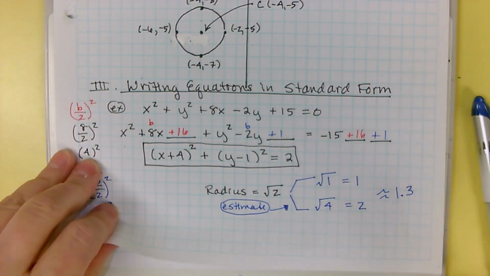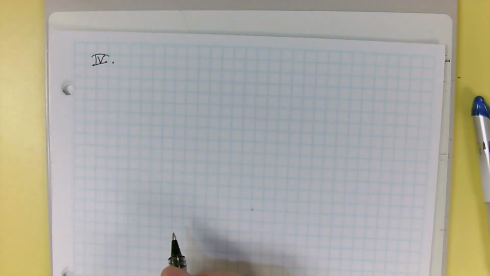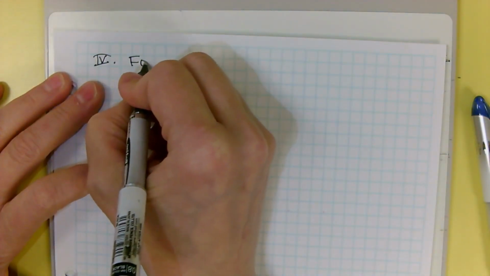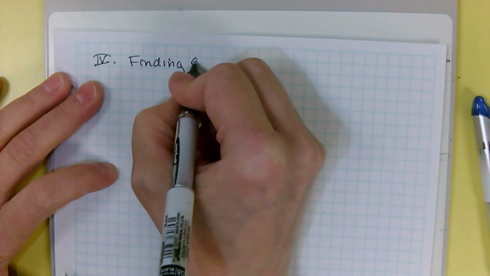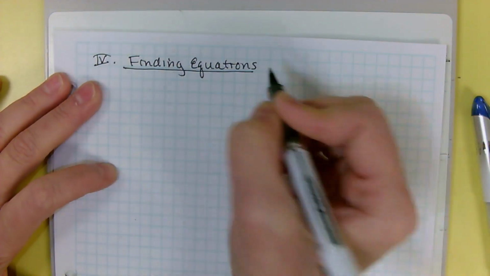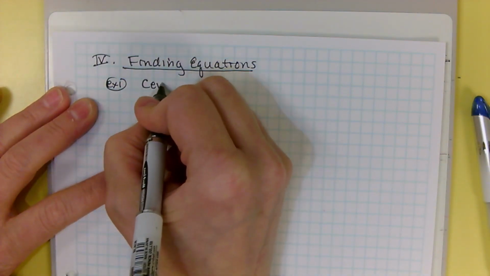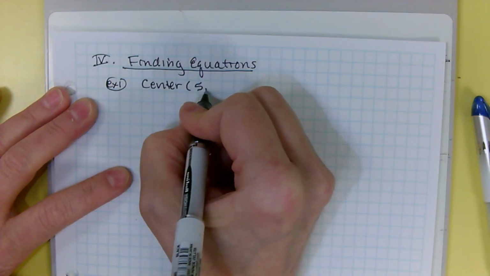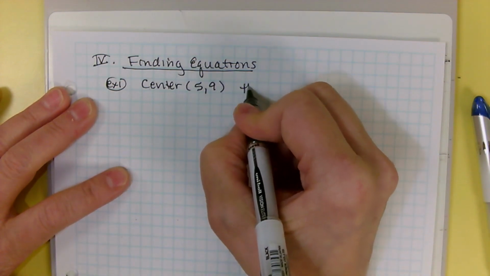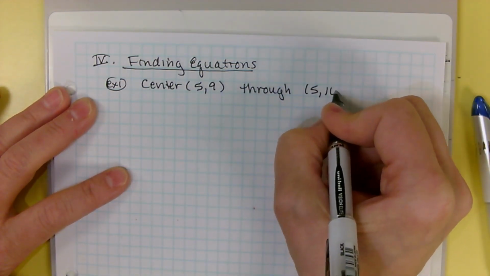Okay, Roman numeral 4: finding equations. All right, example 1. Let's say that they give you a center of (5, 9), and they tell you that the circle goes through the point (5, 16).